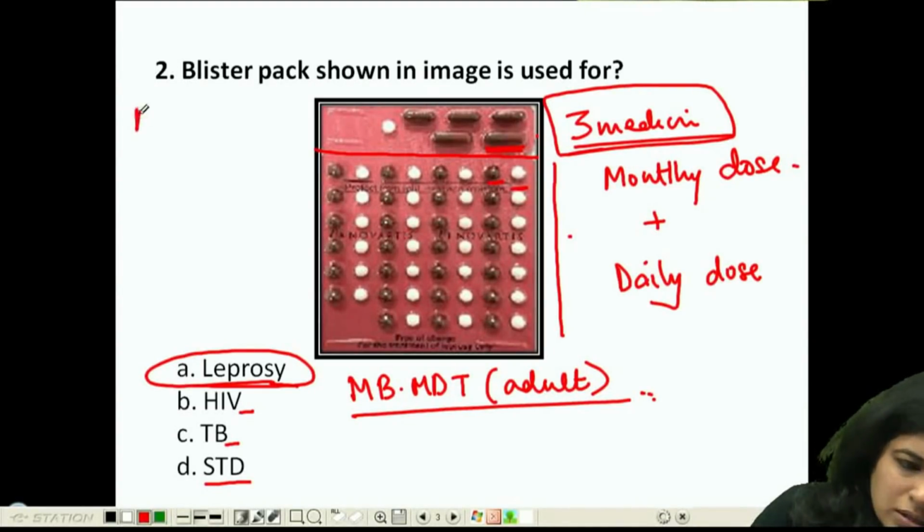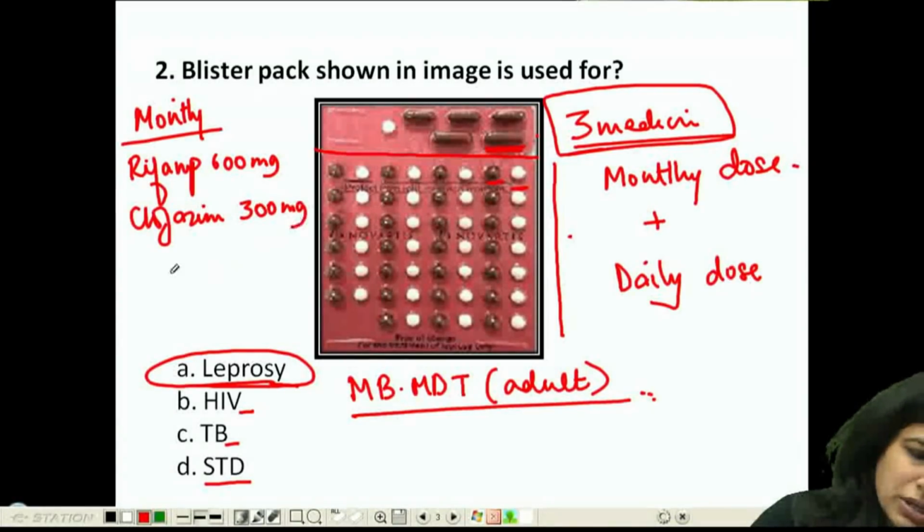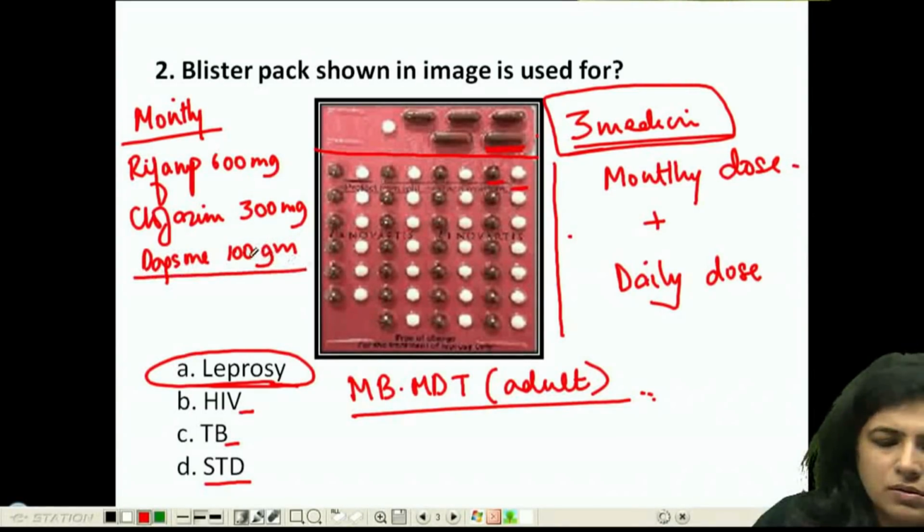What does it show you? This shows you monthly rifampicin 600 mg, clofazimine 300 mg and dapsone 100 mg.